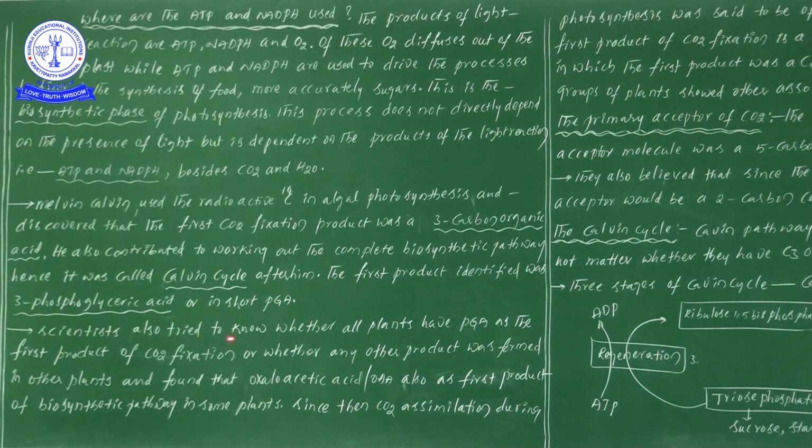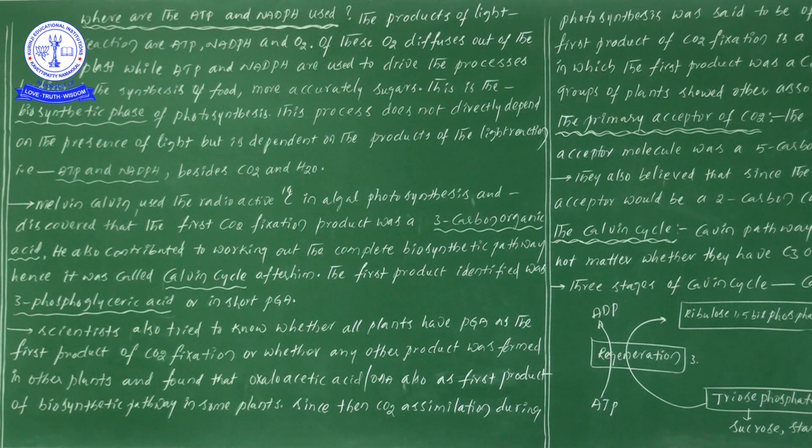So scientists tried to know whether all plants have PGA as the first product of carbon fixation, or whether any other product was formed in other plants, and found that oxaloacetic acid, OAA, is also a first product of the biosynthetic pathway in some plants.